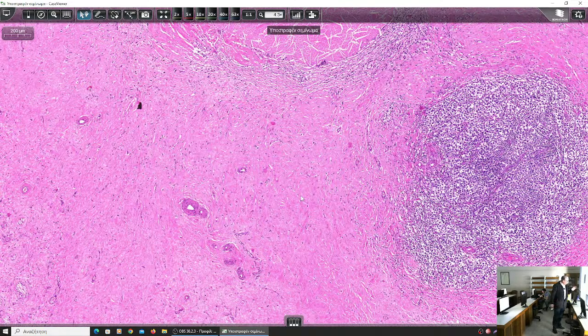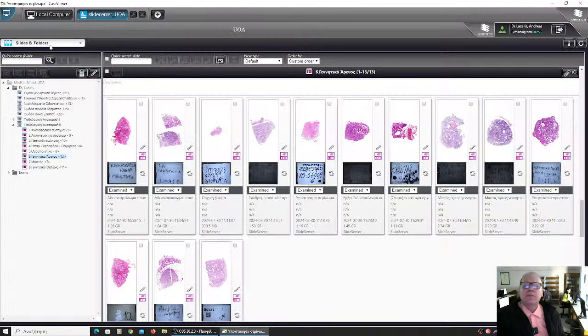So regression is rather an ominous finding when we see it in the tumor. Let's have a look at the other type of tumors, the non-seminomatous ones. How? This one.